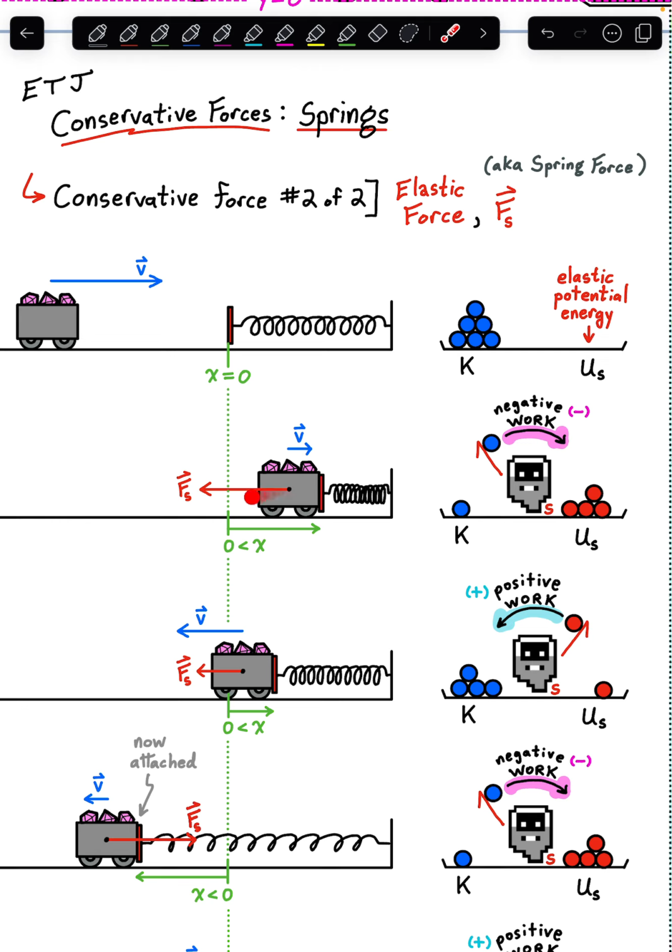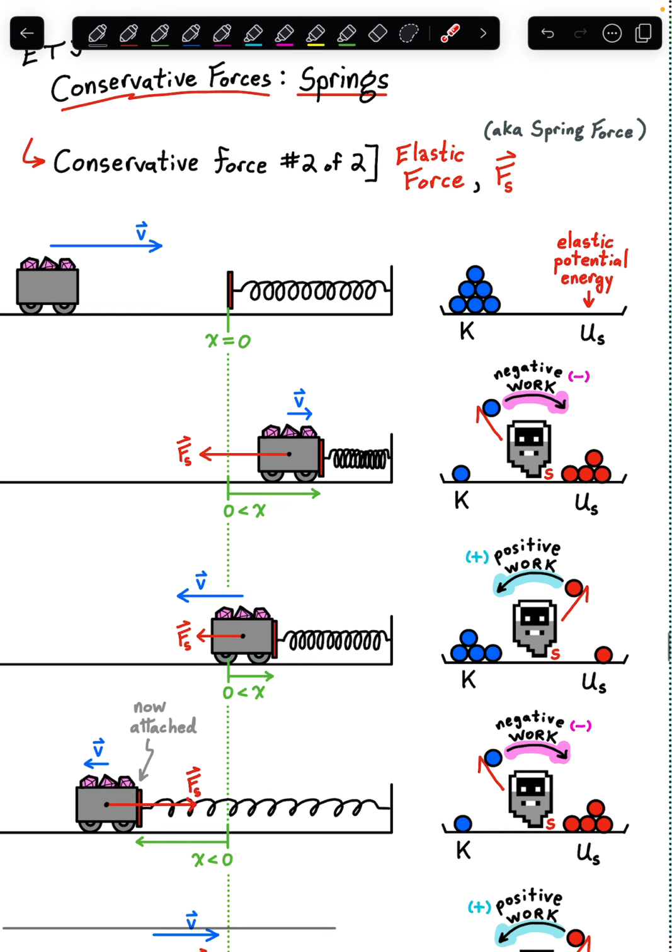So the negative work being done by the spring force on the cart is this guy right here. Here's our spring force transferring the kinetic energy of the cart into spring potential energy, or elastic potential energy, represented by these red orbs here.